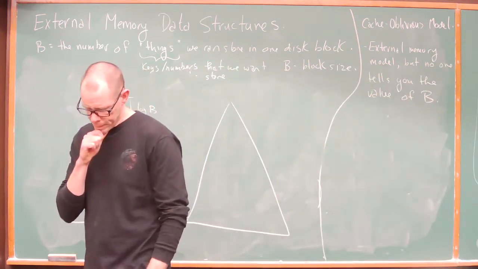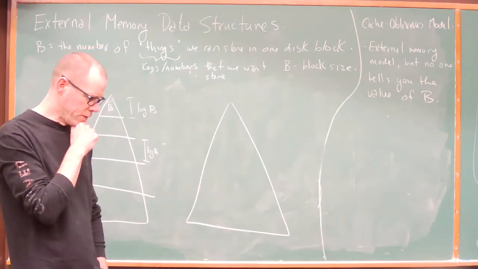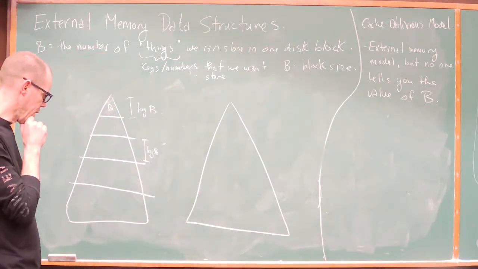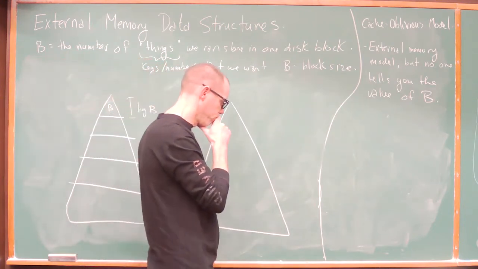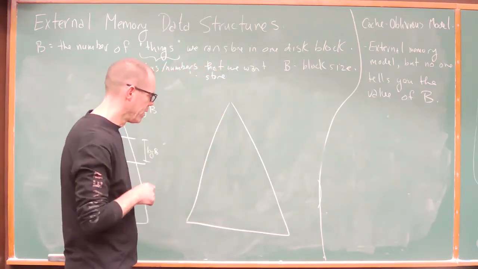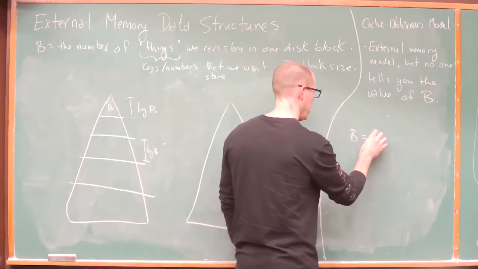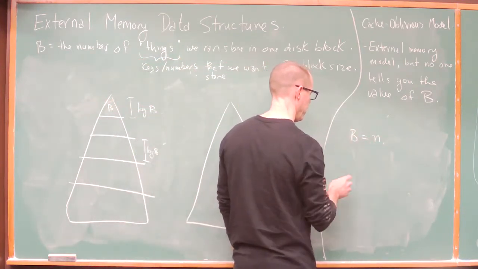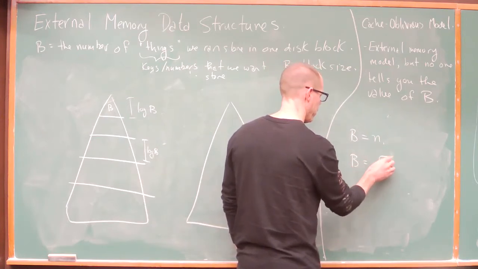So let's start with the simplest thing. Here are two possibilities: B equals n, or B equals square root n.